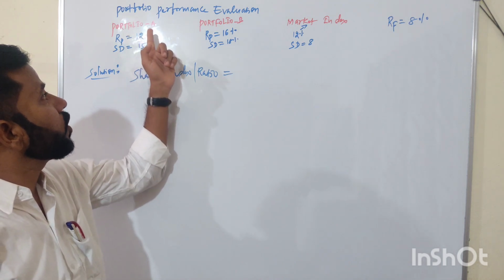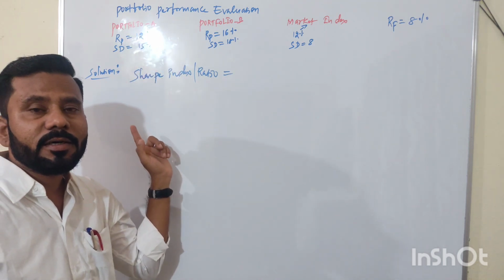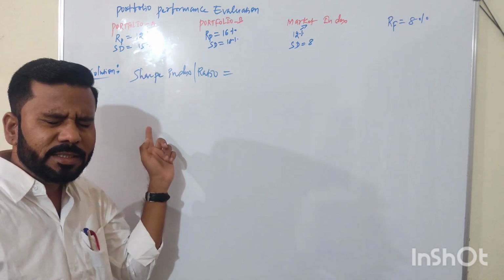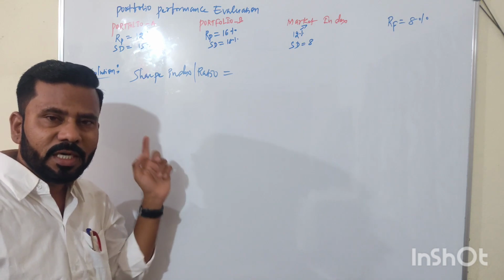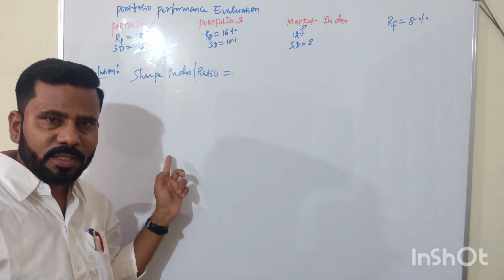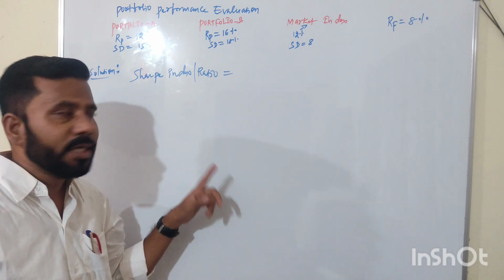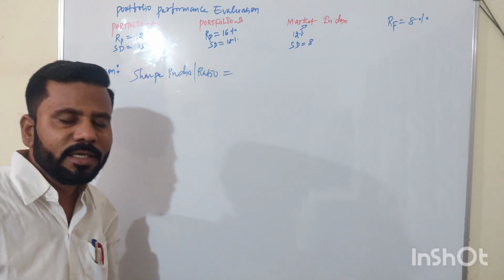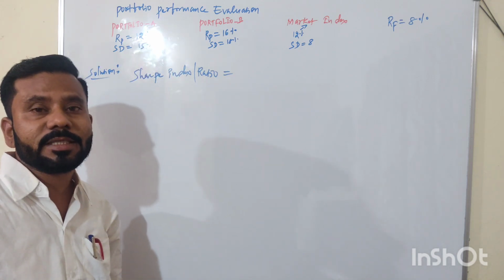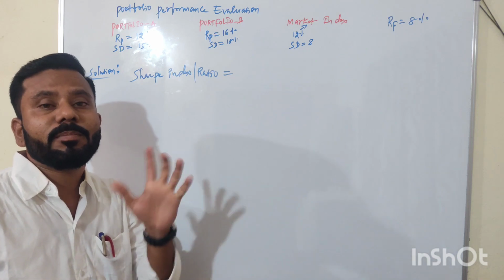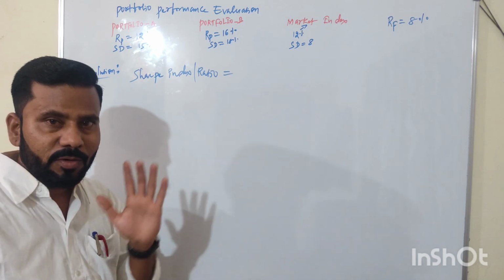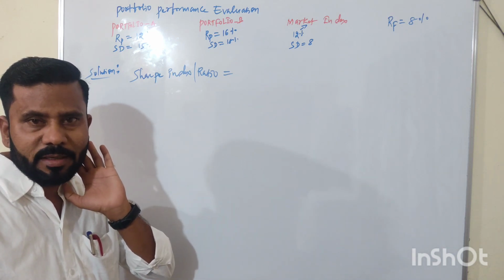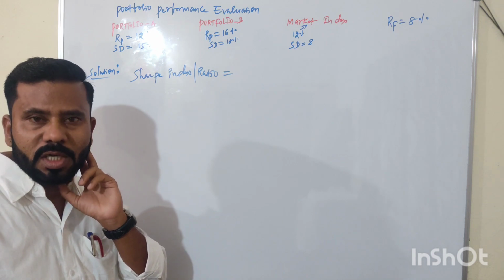Suppose portfolio A's Sharpe ratio is higher compared to portfolio B. Then portfolio A is considered the better performing portfolio. Now I hope you are understanding what I am trying to convey to you.